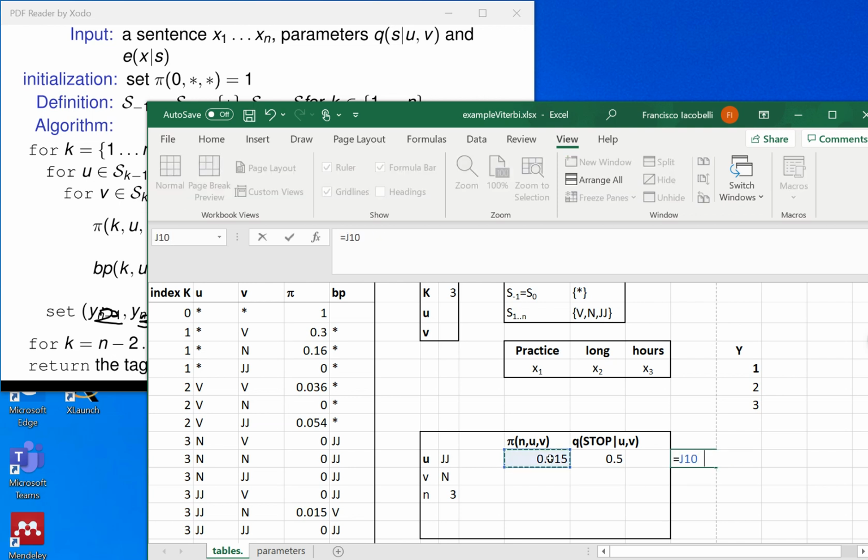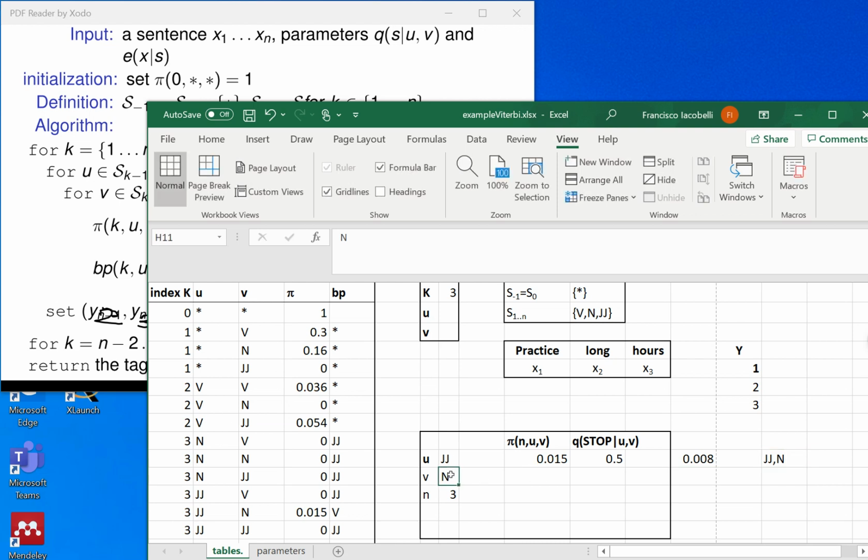I'm just going to multiply these two. That gives me 0.08 with jj and n. This is going to become important. I'm going to register these tags, jj and n.